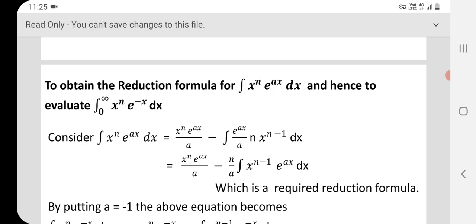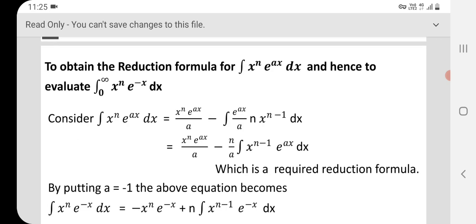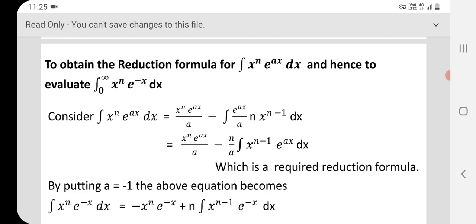For this, consider integration of x power n into e power ax. Here we are looking at two functions. We will take x power n as the first function and e power ax as the second function.